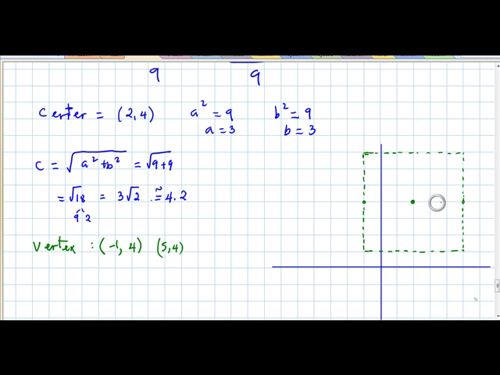The distance from here to here is a. The distance from here to here is b. And up from here is also b. In this case, our a and b are the same.